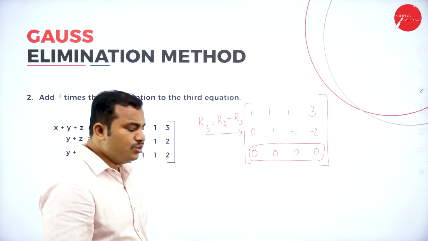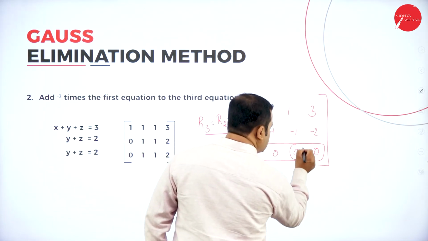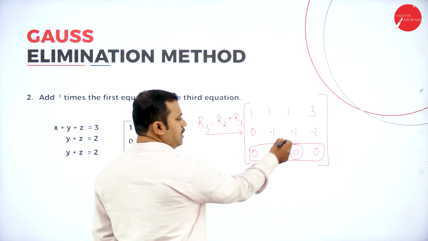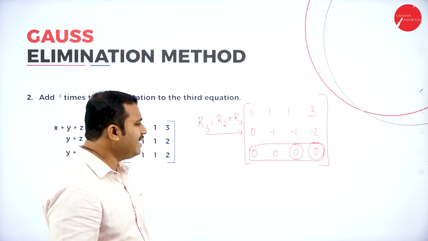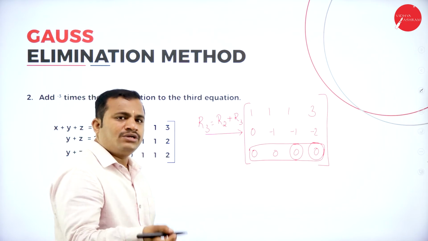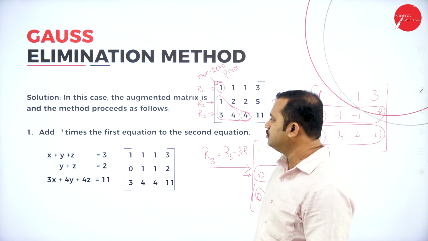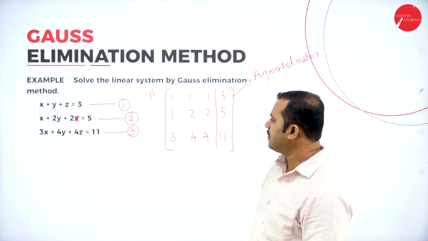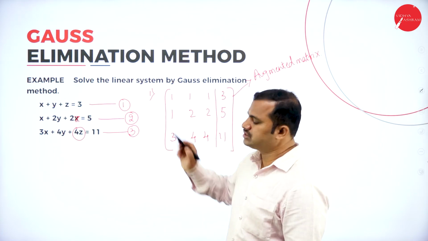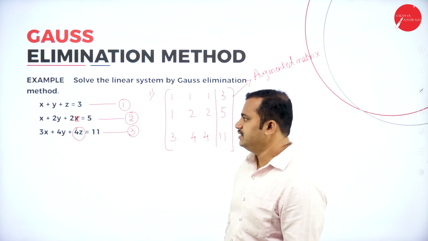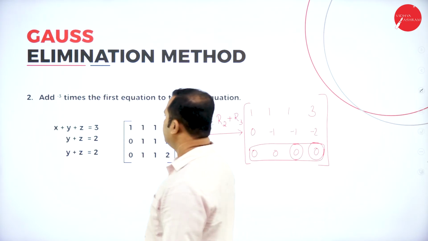Now, you will observe that there is an item 0z is equal to 0 here. That indicates that there is no z term here, but when the equation was given to you, there is a z term which is equal to some constant value. If that is the case, I must have obtained some solution to it.